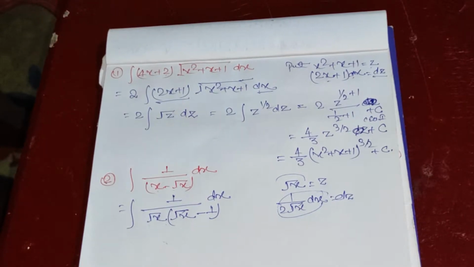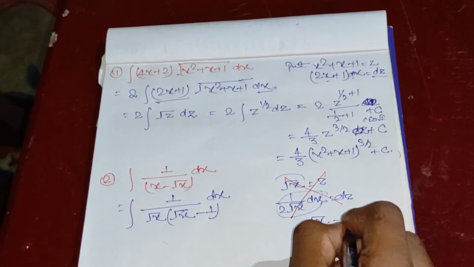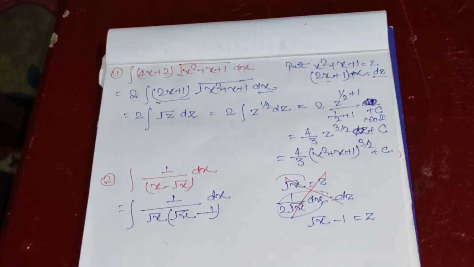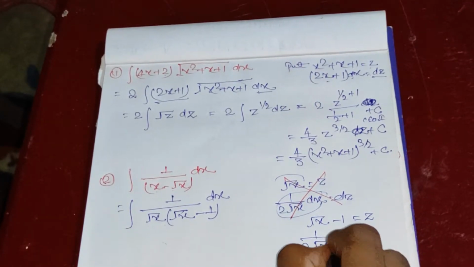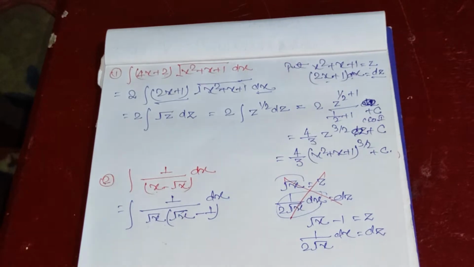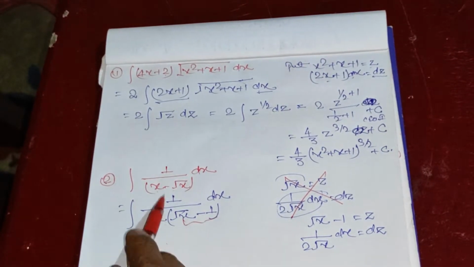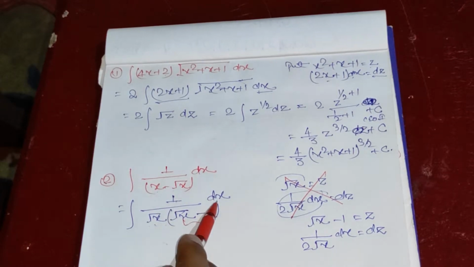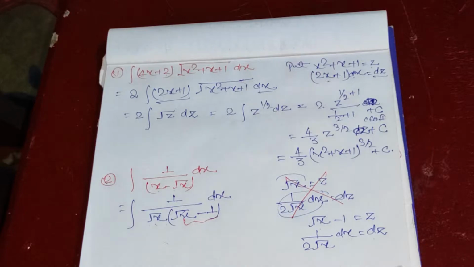So it's not beneficial for us to take this as z. But now if we suppose square root of x minus 1 equal to z, after differentiation we have 1 by 2 square root of x dx equal to dz. So this term we have assumed, and after differentiation 1 by square root of x dx becomes dz.